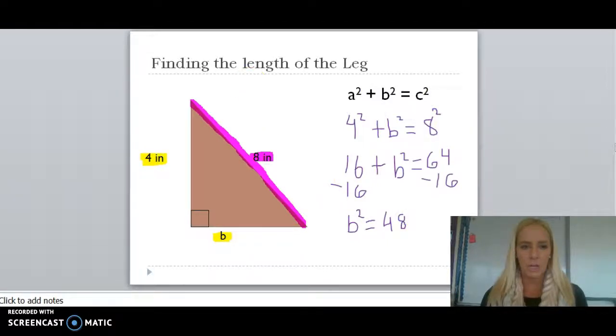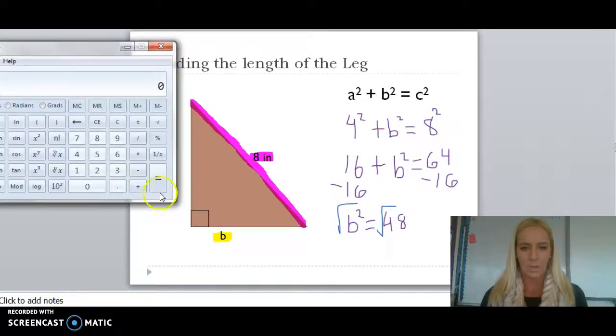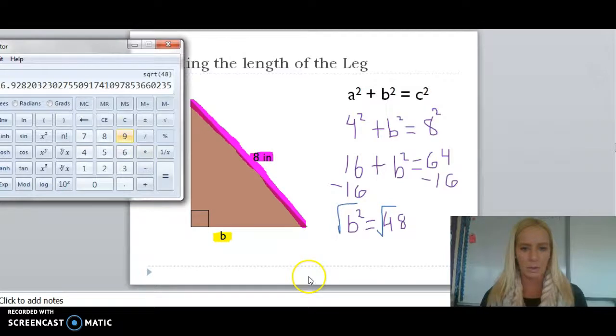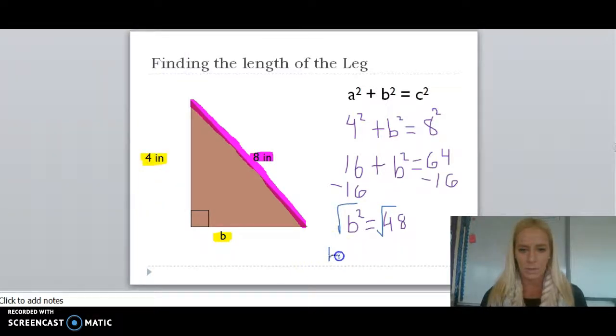Now, just as we talked about in the last video, to find the square, I'm going to do the opposite and take the square root of both sides. So the square root of 48 is about 6.92 inches. So in this case, I have applied a unit of measurement.